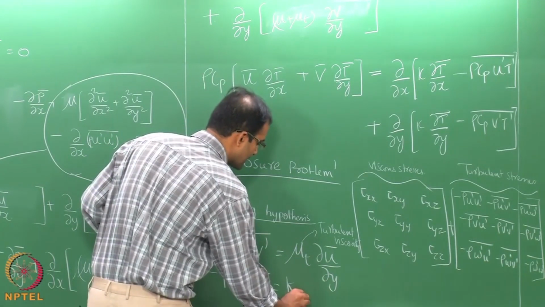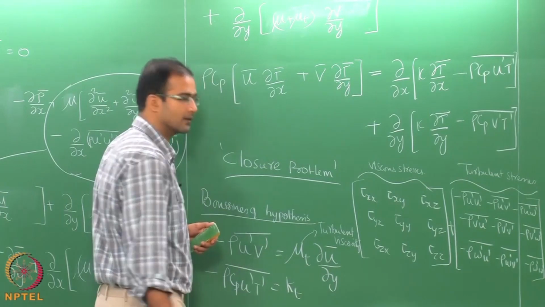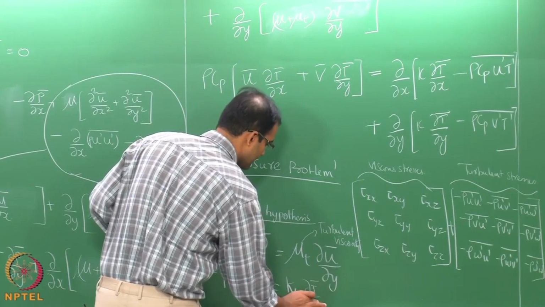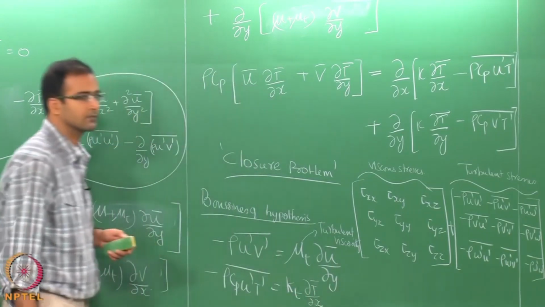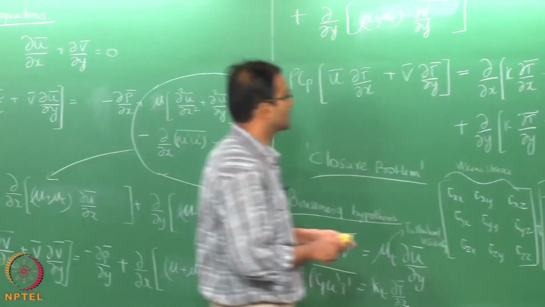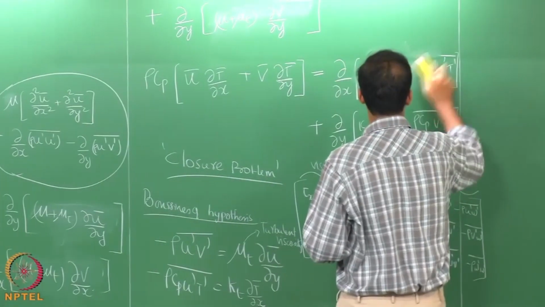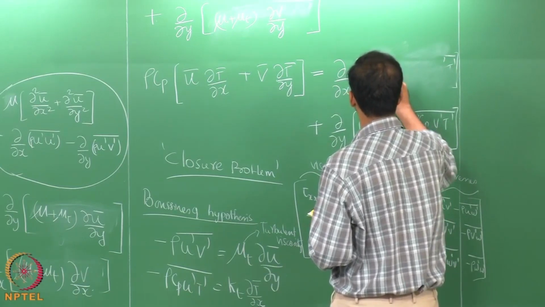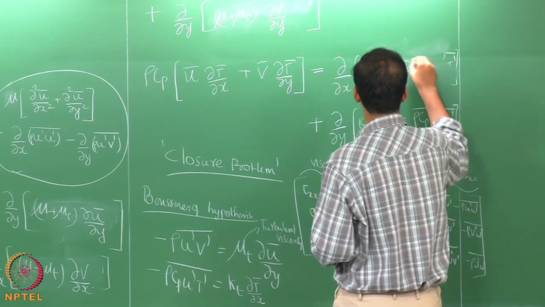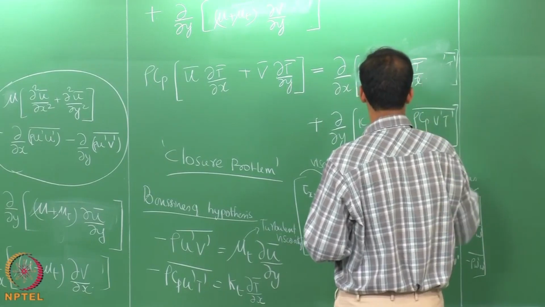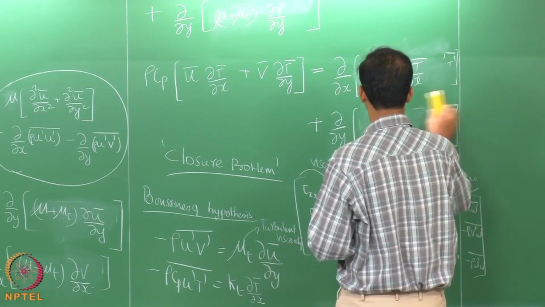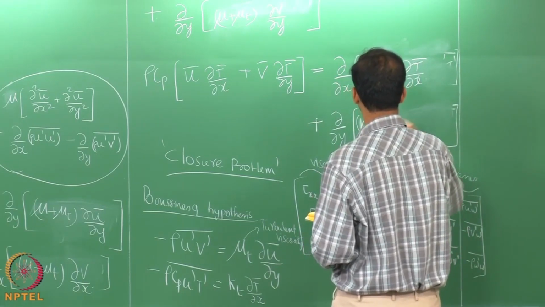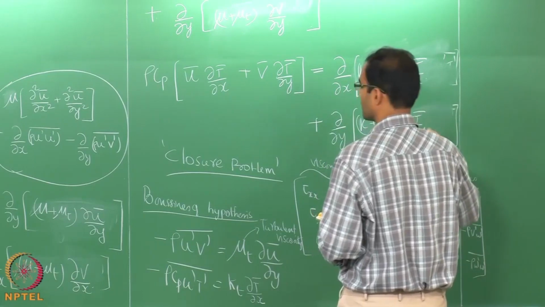Some turbulent thermal conductivity, okay, times dT bar by dx. Okay. So, we can actually therefore combine this as k plus kt into dT bar by dx, and this will be k plus kt into dT bar by dy.